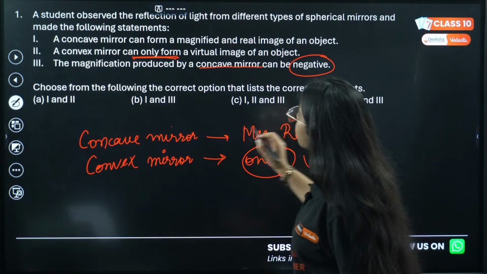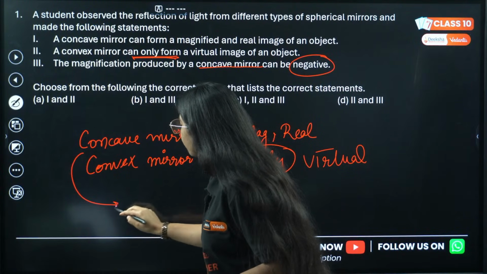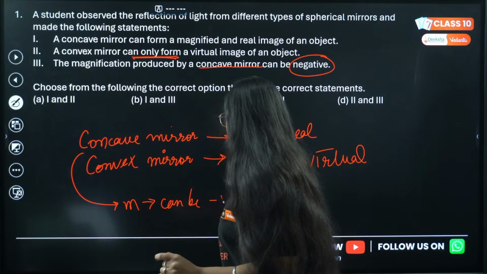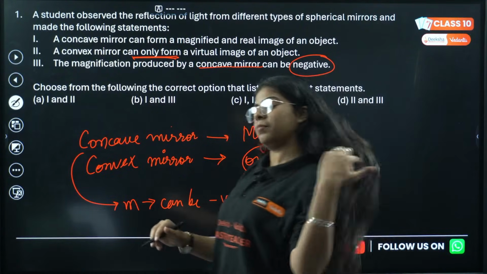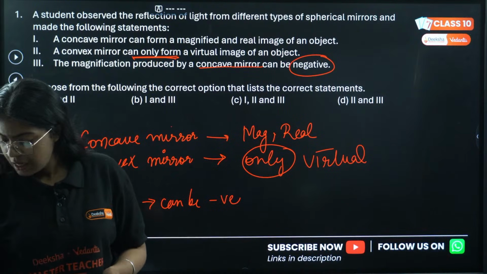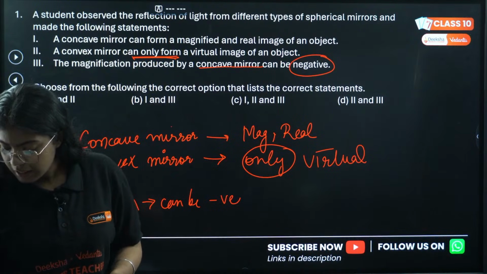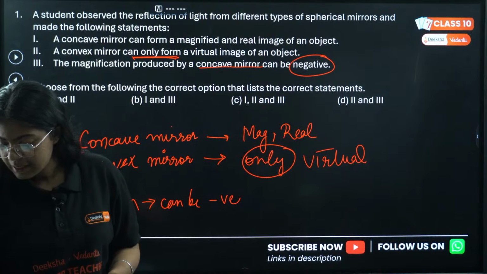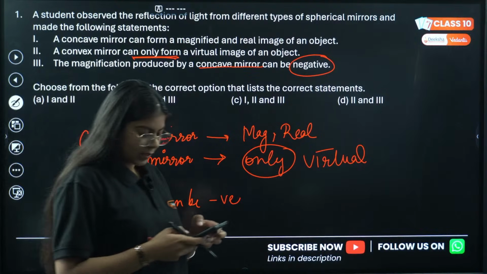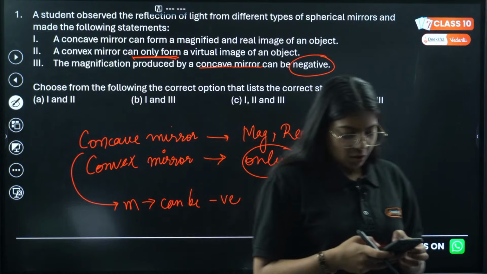And then the third says the magnification of a concave mirror can be negative. Now let me know if these statements are true or not. Can anyone tell me the answer in the live chat? Are these statements true or not? Let me know.